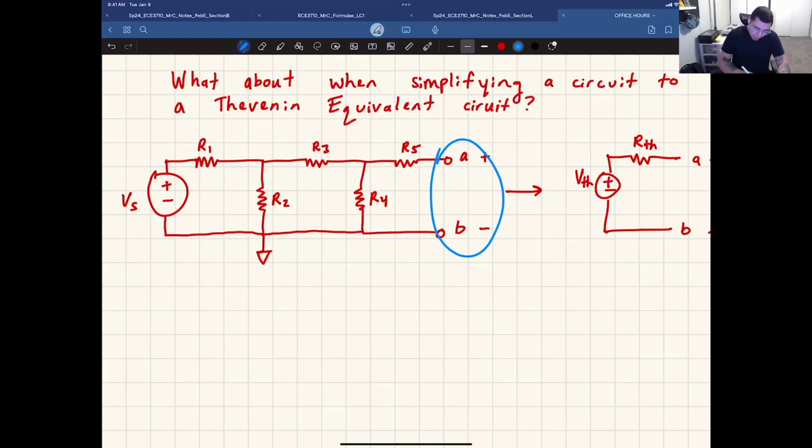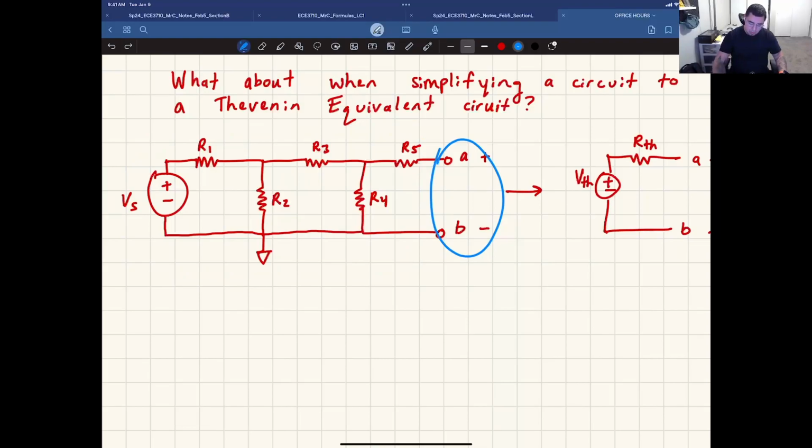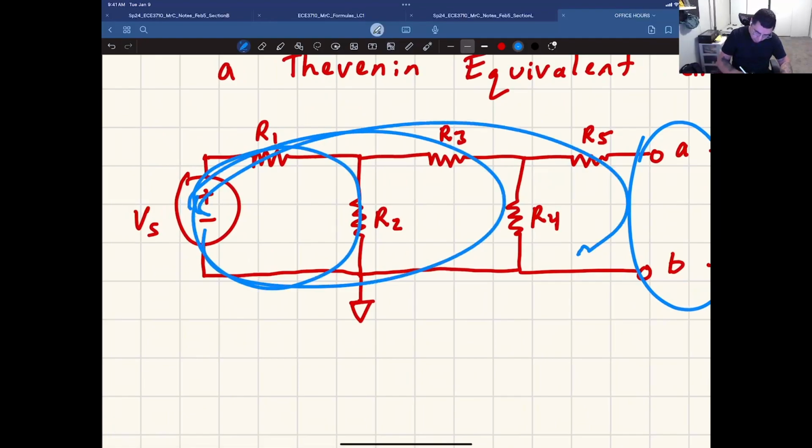So if we're going to simplify this thing, I'm simplifying it from the point of view of the space between node A and node B. Now, if I'm doing that, then from here to here to here, I'm not seeing an open circuit or a wire in parallel to a resistor, unless the creator of the homework problem did that on purpose, which wouldn't make sense.